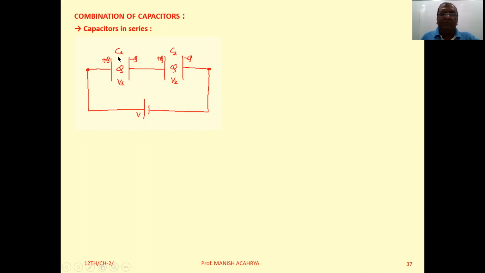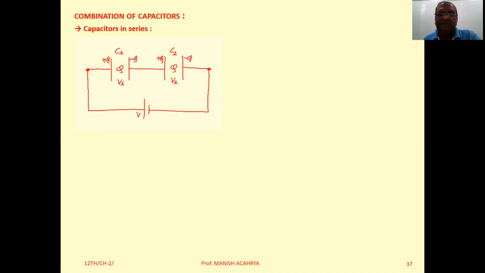Here, suppose the capacitances of these two capacitors connected in series are C1 and C2, and they are connected with a battery of V volt. Always remember this: when capacitors are connected in series, the charge on each capacitor is the same.